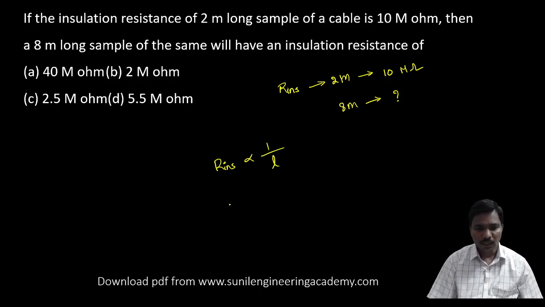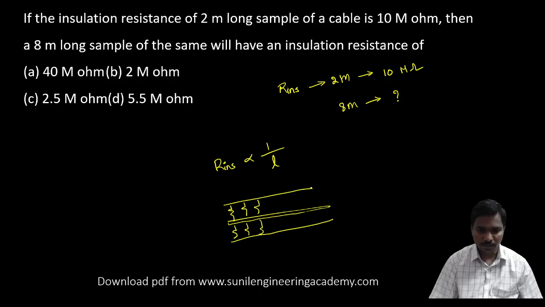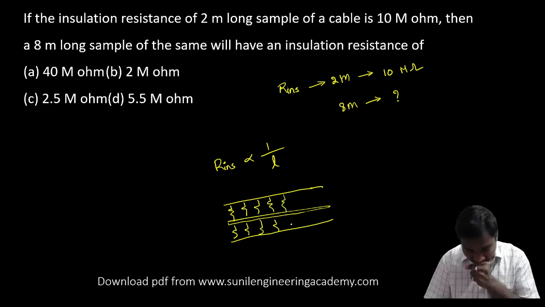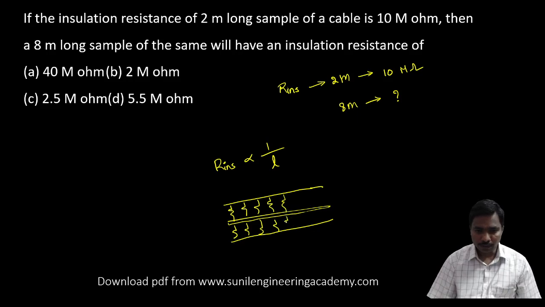Why? Because here if it is the core, upon that we have the insulation like this. This is the total insulation. As the length of the core increases, insulation also increases between the core and insulating material.